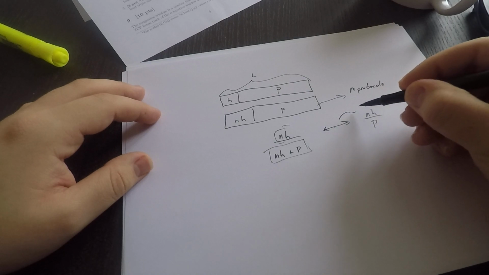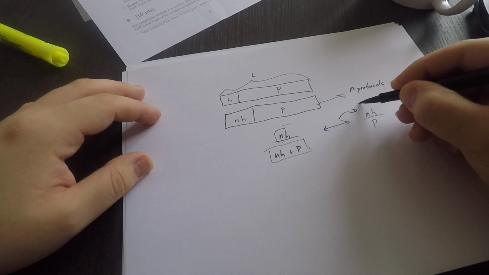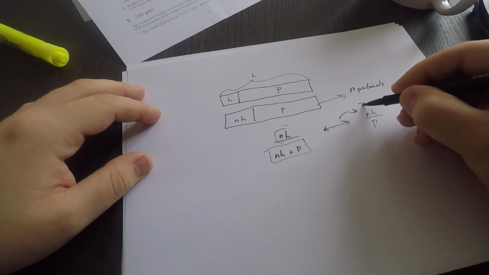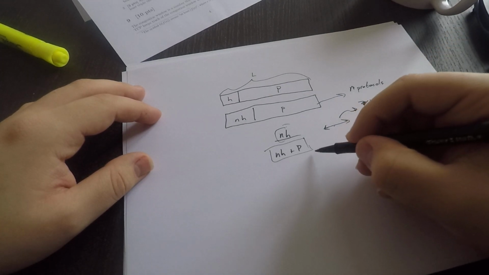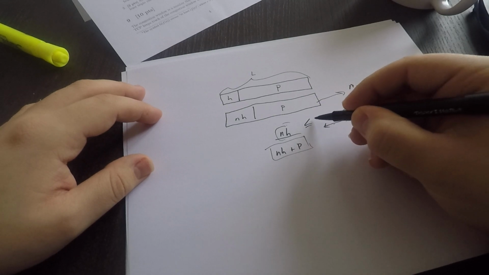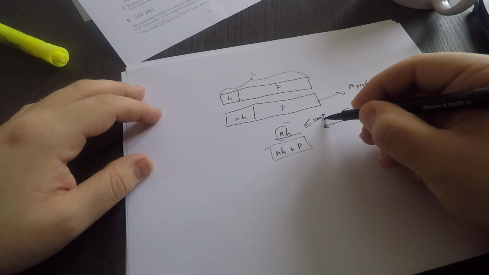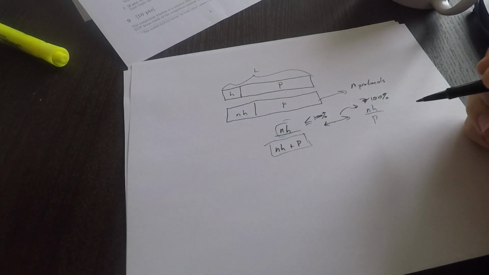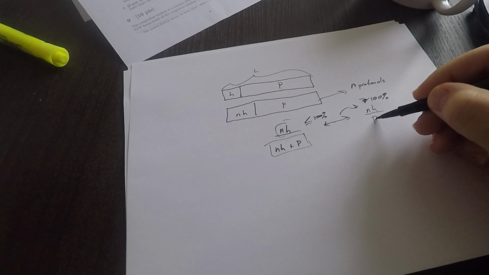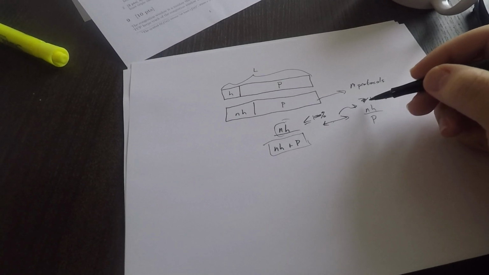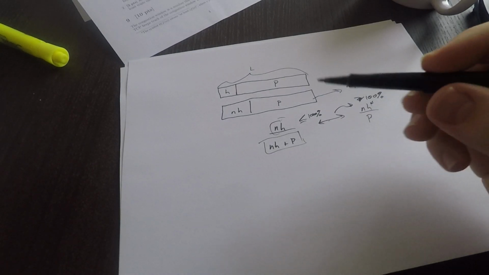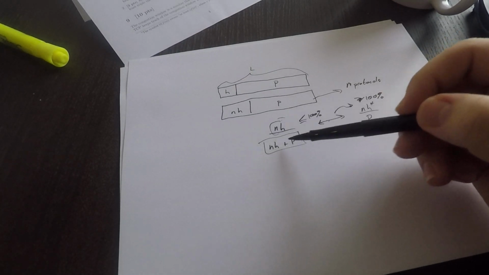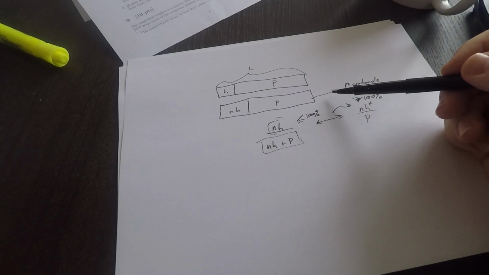This one could be greater than 100% of the packet, and this one will always be less than or equal to 100% of the packet. They're both correct ways to look at it. This is the ratio of actual header applications to the packet information, and this is the header to the total packet size.